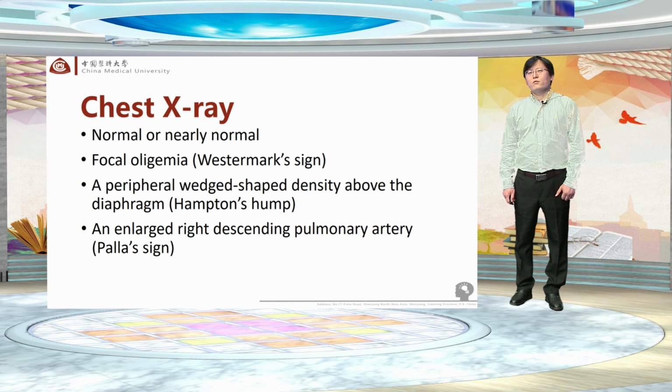For example, Westermark's sign, which indicates focal oligemia, Hampton's hump, which is a peripheral wedge-shaped density above the diaphragm, and Palla's sign, which suggests an enlarged right descending pulmonary artery.